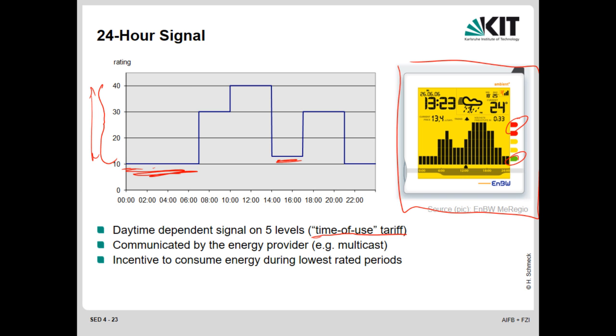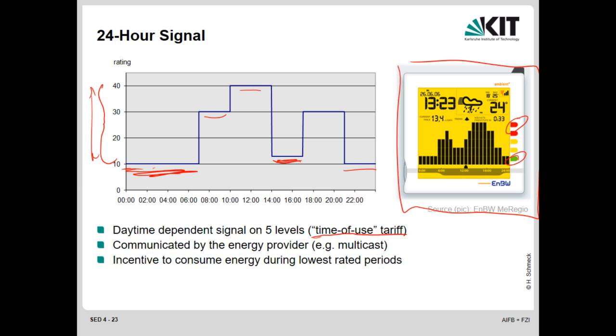You don't want to calculate how much is it worth today to go to that price or to that price, or can I pay for that, or should I go to that time? This does not work. You just need some relative information, and it doesn't make any difference for your response whether you have 50 cents difference or just 5 cents difference.